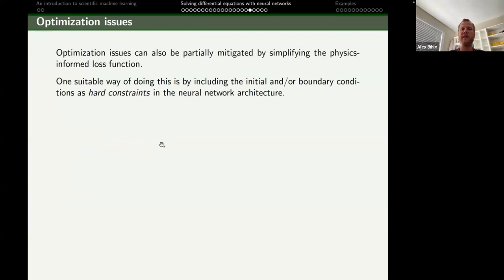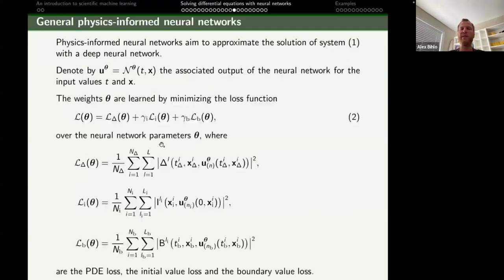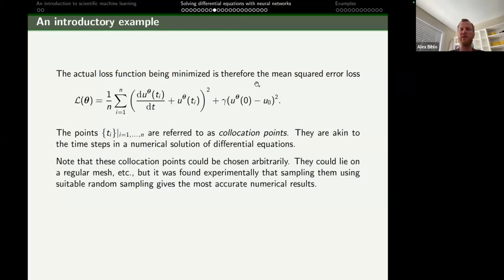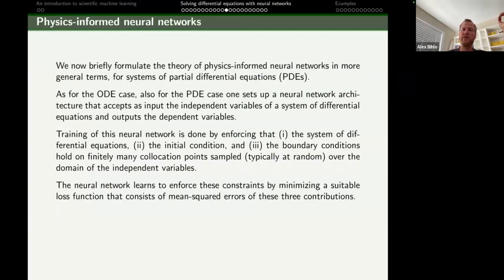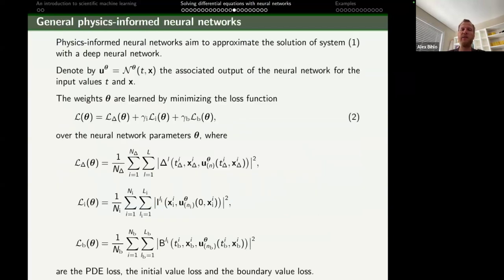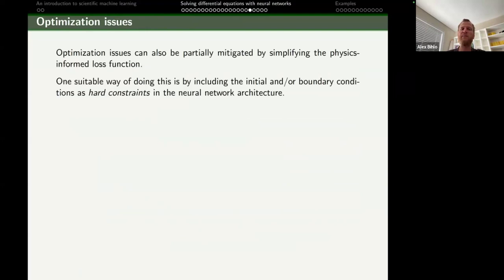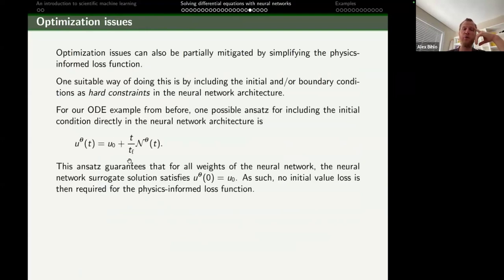So that means, at least for our ODE example, we don't need to have this loss contribution anymore. And we just have this loss contribution, which simplifies the problem, of course. And so hard constraints, in my experience, if you can work with them, they always simplify the problem.